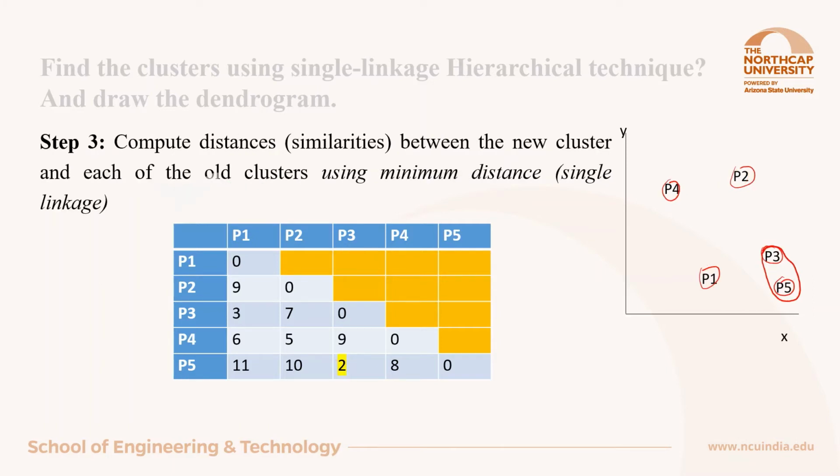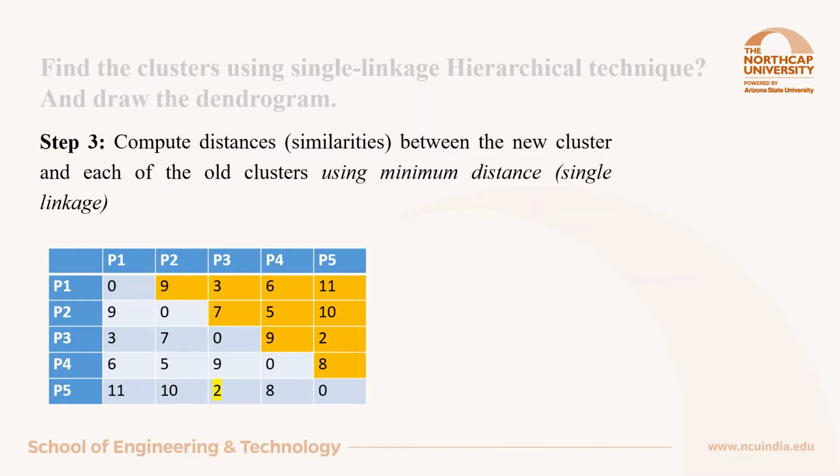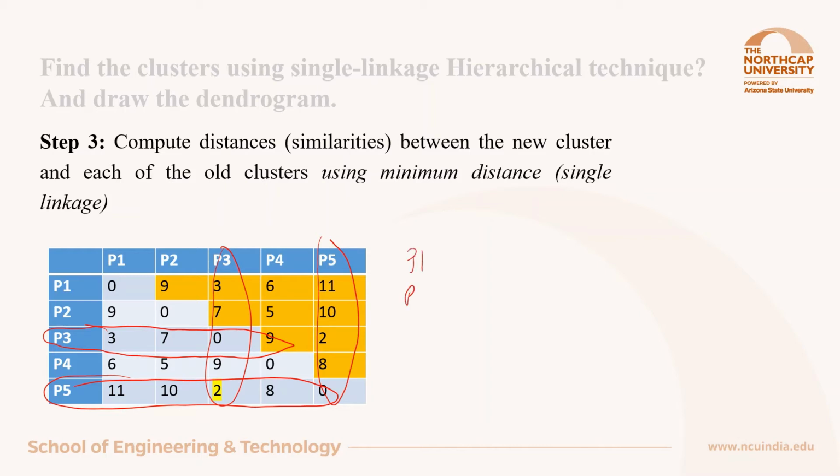Now after merging the two P3 and P5 clusters, you have to compute the distance between this new cluster and each of the old clusters using single linkage or minimum distance clustering. Here comes the role of single linkage clustering. In the matrix notation, from the row and column of this matrix, just remove P3 and P5 and merge them into one, like this, P3 comma P5.